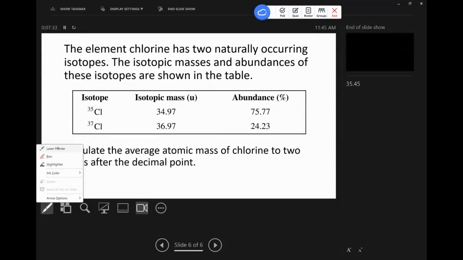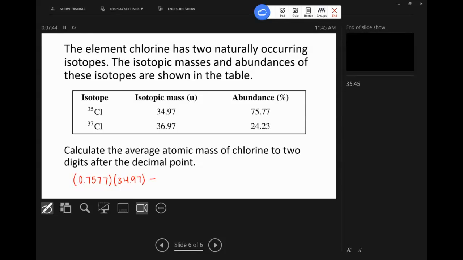So that will be 0.7577 times 34.97 plus 0.24323 times 36.97, and then this will get you to 35.45 atomic mass units. So that will be the average atomic mass.